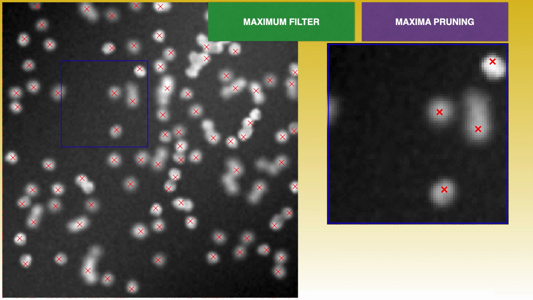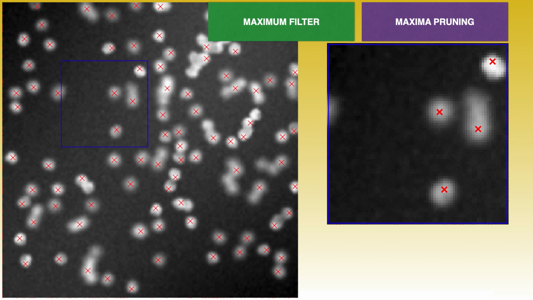In maxima finding, we're not interested in just the global maximum, that would just give us one peak, and also we're not interested in all the local maxima, because as you could see, based on how we did it, we got many potential candidates. So we want something in between, a sort of not global but not local approach. And so our maxima pruning algorithm will achieve that for us.